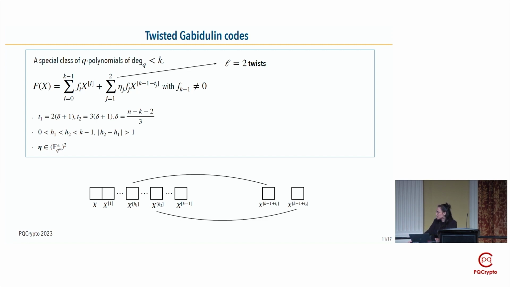So we fix a certain number of twists, for example 2, and we consider the first k-1 monomials, and then in correspondence of two integers, h1 and h2, we consider two other monomials corresponding to the powers k-1 plus t1 and k-1 plus t2, where t1 and t2 are chosen in a certain way. Basically, linear combinations of such monomials are what we call twisted Q polynomials.